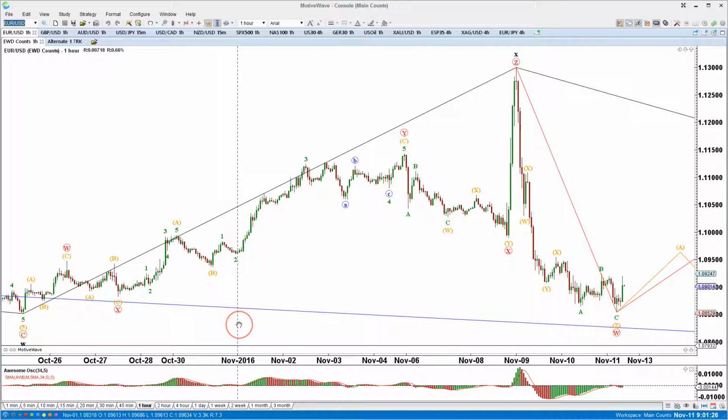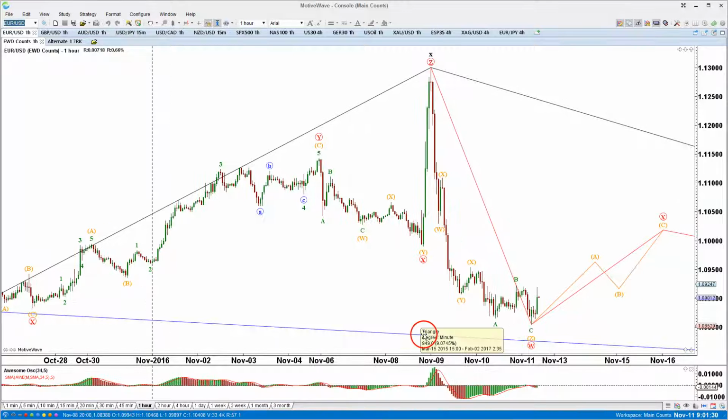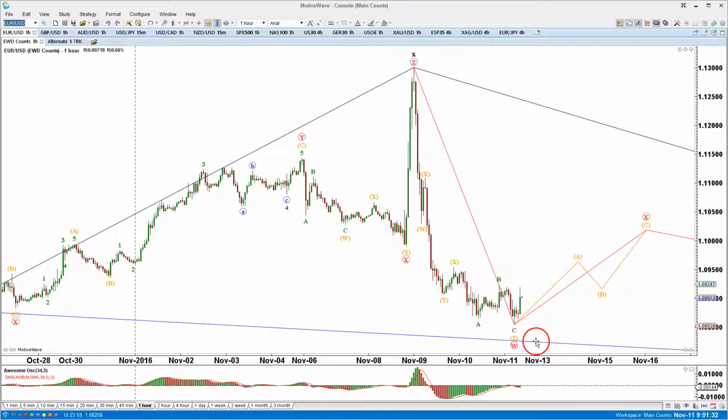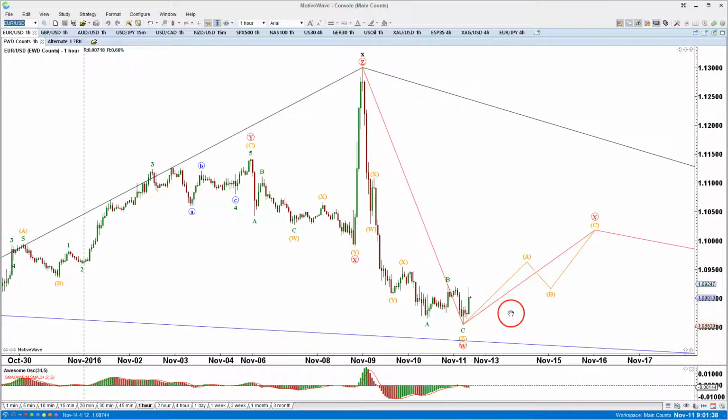We're going to start with the Euro USD that currently is trading at the 109 area. We believe that the first leg down that we called wave W, after all the volatility during this week, ended, and the price is starting to consolidate in order to start a retrace.